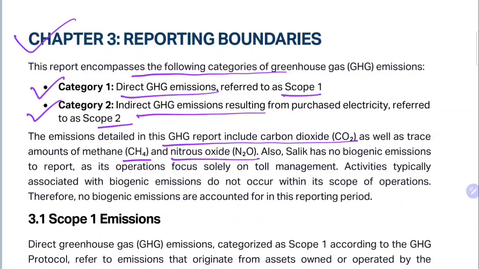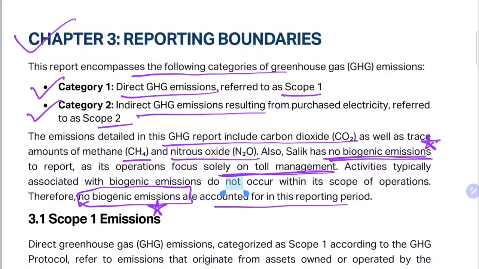Also no biogenic emissions, important to know this, and its operations focus solely on toll management. So activities typically associated with biogenic emissions do not occur within the scope of the operation. So there is no biogenic emission, please keep in mind, okay, for this reporting period.